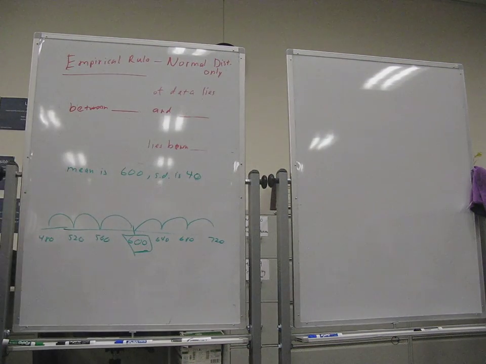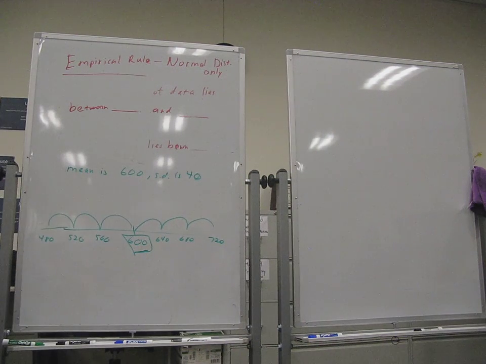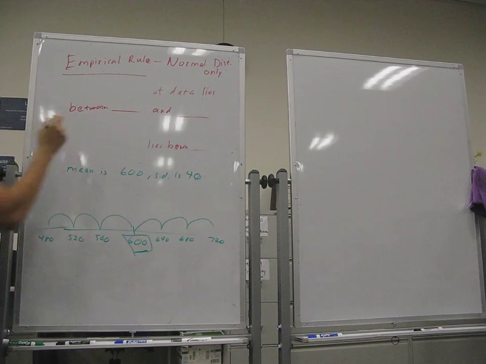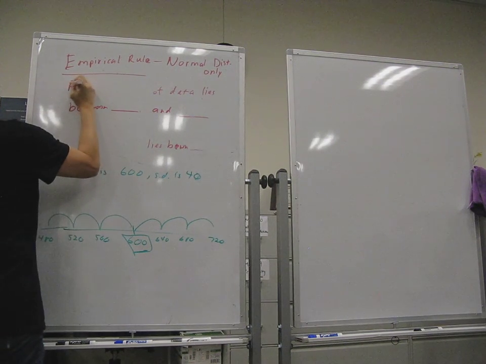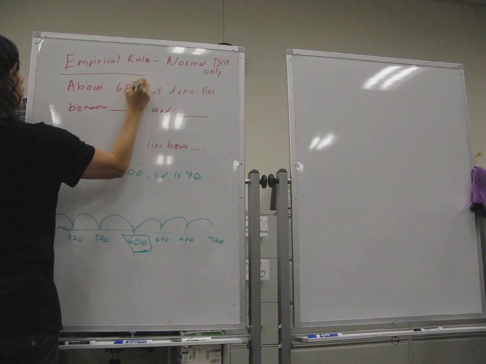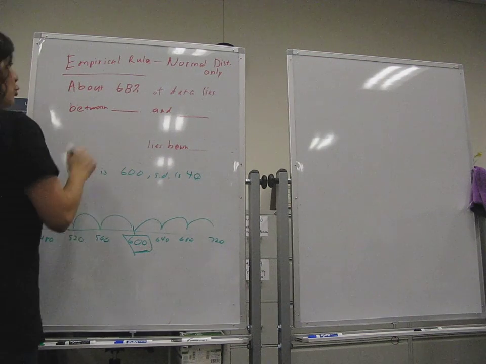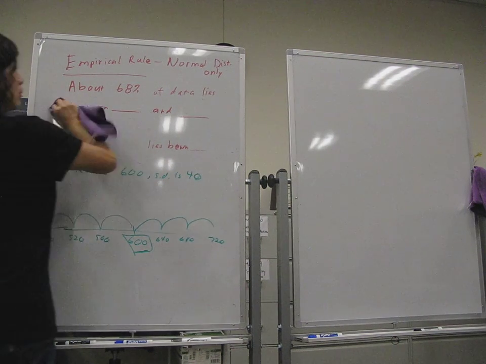But if your data is approximately normally distributed, then you can do better than Chebyshev. What does the empirical rule say? Anybody? 68% lies within 1 standard deviation. Yep. About 68% of data. So now it's not at least, it's about. It means right around that lies within 1 standard deviation.